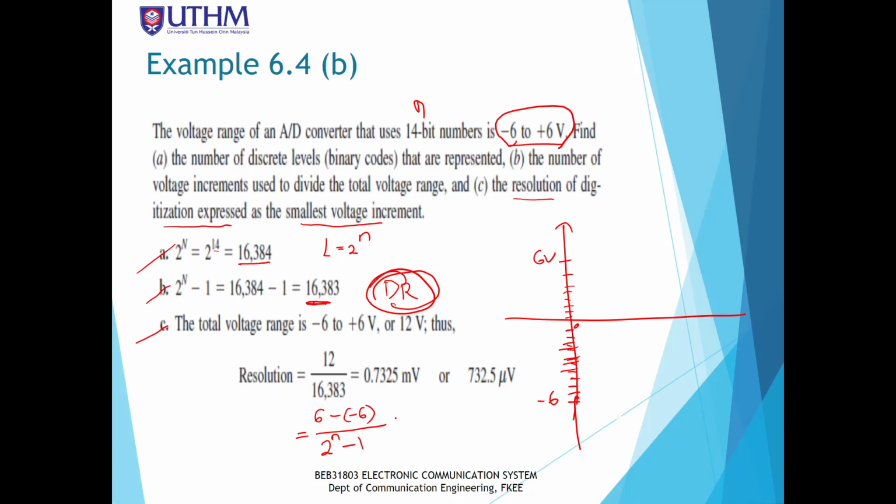So you get 12 volt divided by 16,383, the levels excluding the 0 volt. So we get 0.7325 millivolt. That means the distance or step size between one level and another is 0.7325 millivolt. Very small.